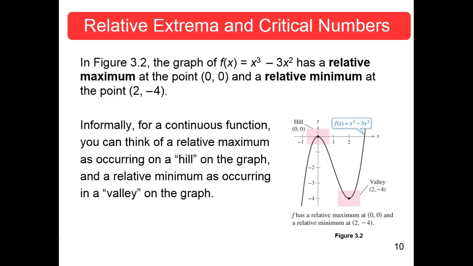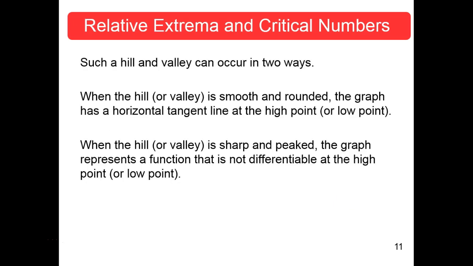So wherever your first derivative is 0, if you've got a smooth, rounded function, then you have the first derivative going to 0 at those points. That's a really big key. However, when the hill or the valley is sharp or peaked, then the graph represents a function that is not differentiable. Because if you have a sharp point there, the derivative here is one value, the derivative here is another, there is no limit on either side.